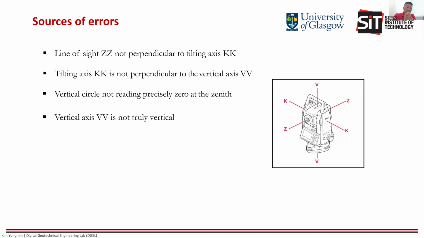And the third one is the vertical circle: when you rotate the vertical circle to the top, to point to the zenith, the reading is not zero. And the last one is the vertical axis VV is not truly vertical. So all these errors can affect the final readings.